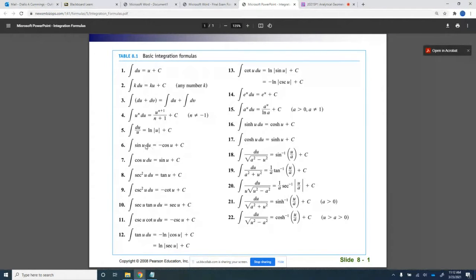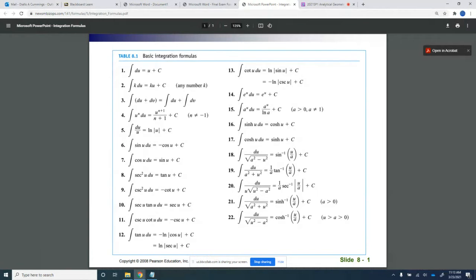That's what we're going to work out today. Also notice that the coefficient of your argument is an understood 1. So for example, if you were asked to integrate the sine of 2x, you couldn't necessarily use this formula because the coefficient would have to be 1.